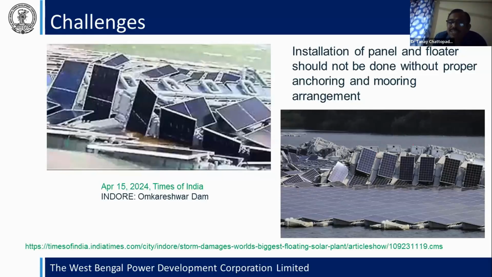At the building stage, think that proper anchoring and mooring was not done at that time, and a cyclone comes. Then what happens? Some of the panels which are not properly anchored are destroyed. Okay, and it was rectified, and it is now placed at the proper place.